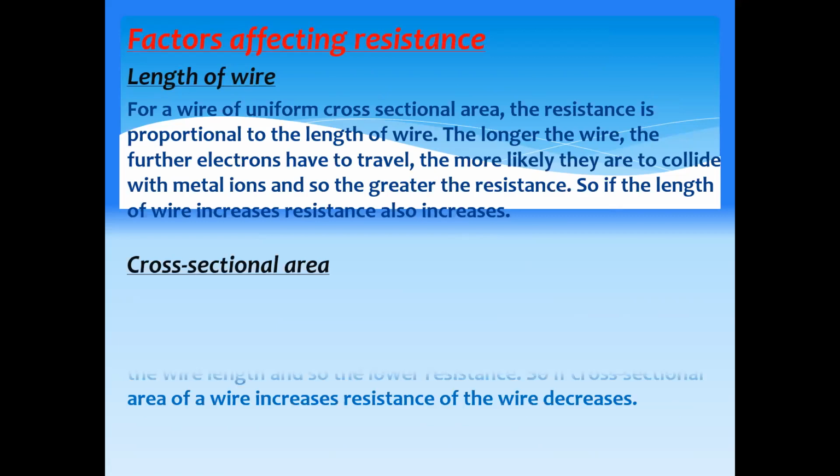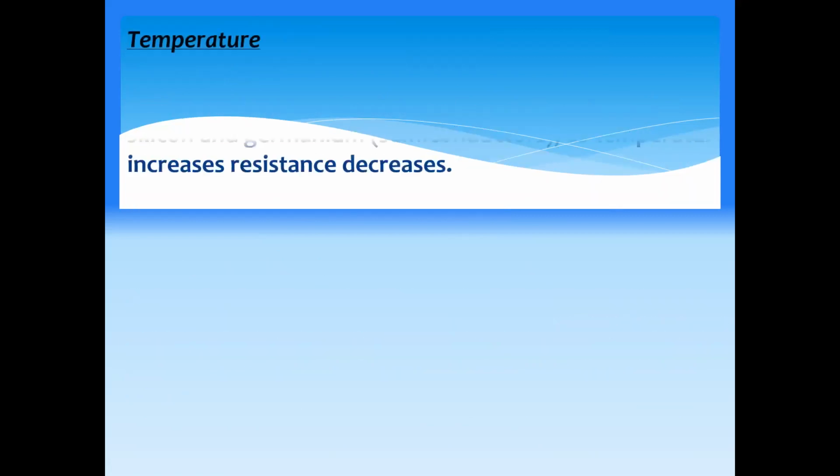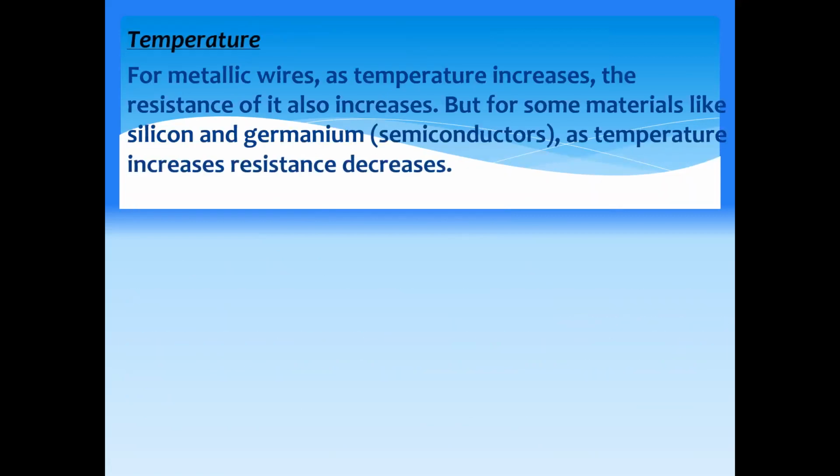So the length of the wire, the cross-sectional area, and the temperature also has an effect: increasing the temperature increases the resistance of the wire for metals. In terms of conduction, we have two types of materials.